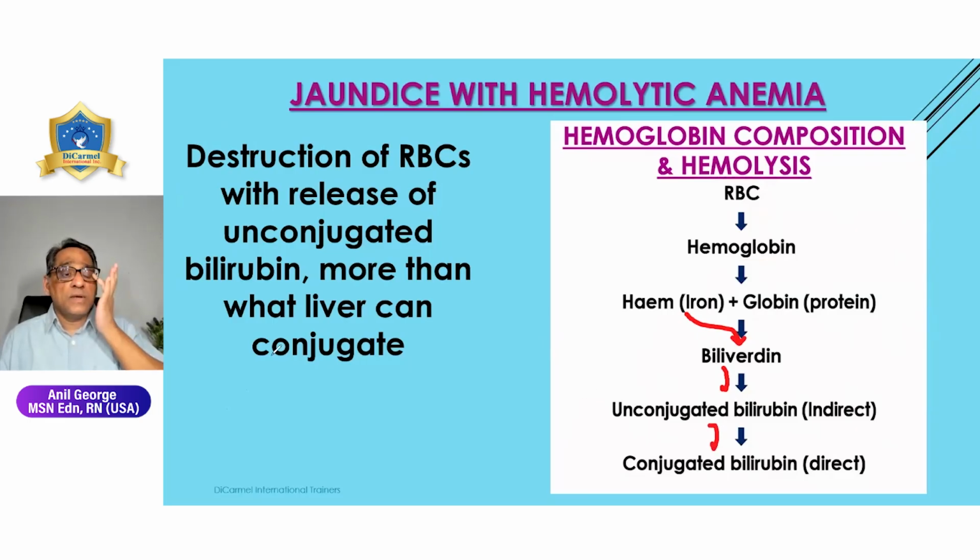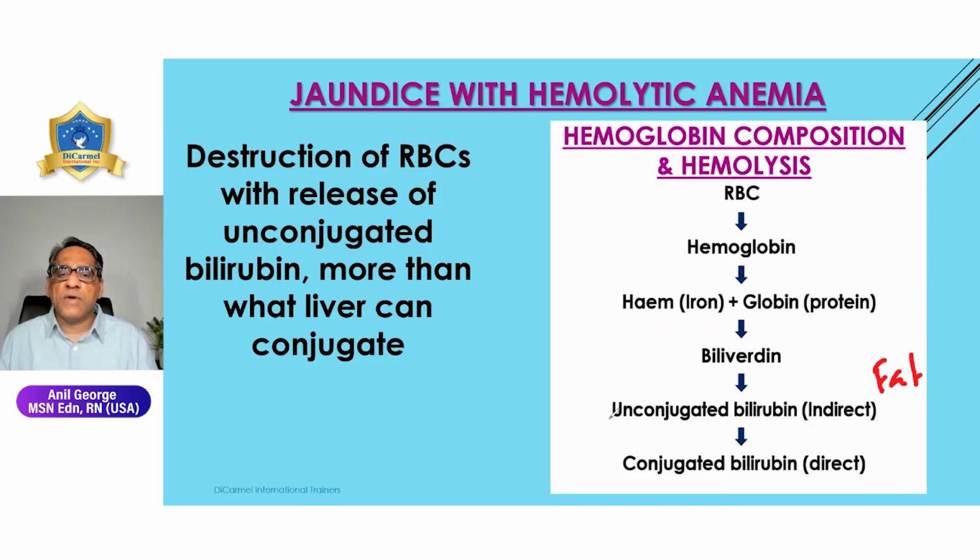Again, it's the breakdown of the iron-containing part of the hemoglobin, the heme. That's where it leads to the release of the bile pigments. So when RBCs break down, it's going to release first biliverdin, then unconjugated bilirubin. Now unconjugated is the same as indirect or fat soluble.